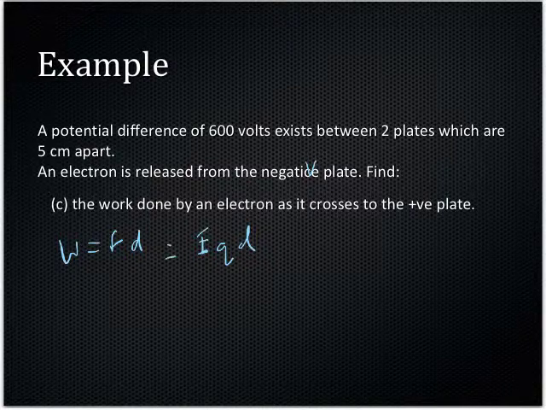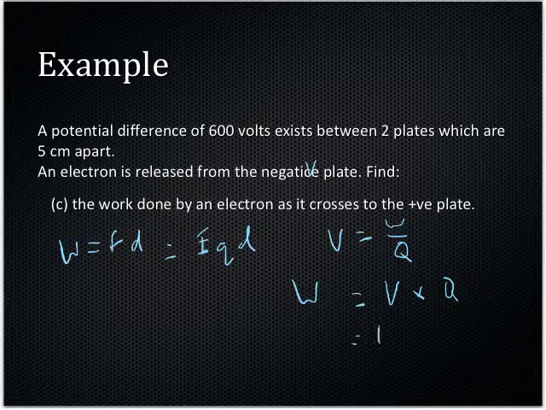So you just substitute in essentially. But we also know that voltage is work over charge, so you could actually just go work equals V times Q. So it's going to be 600 times 1.6 times 10 to the minus 19. So there's quite a few ways of working that one out.